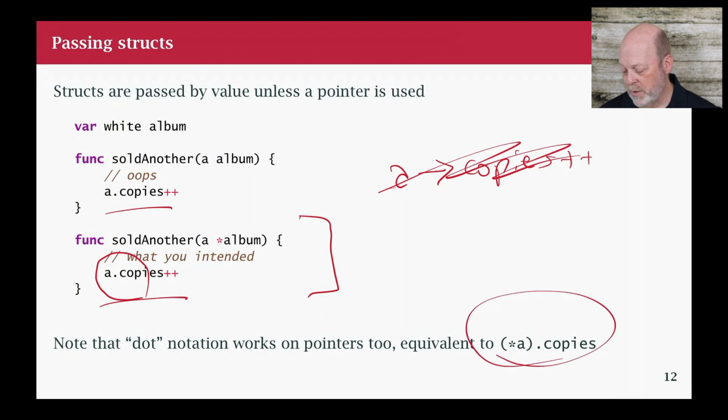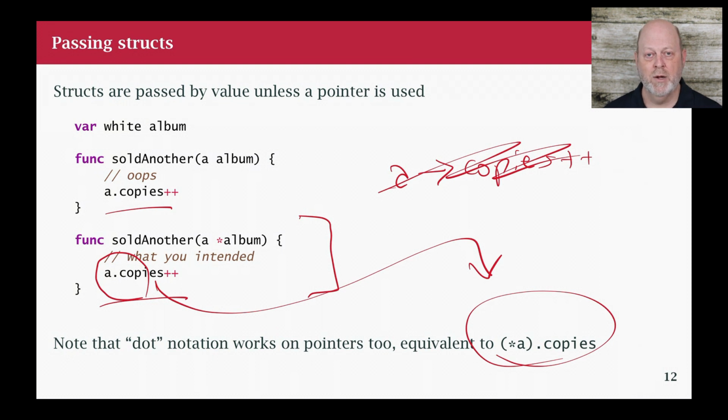Go is smart enough to know that this is the same as explicitly putting a star. And I could write that. I could write open parenthesis star A close parenthesis dot. I don't need to. Go says I know how to get to a field through a pointer of the same type, and it just does it. Okay, so that makes writing the code easier. It's a little less obvious when you look at this line right here that A is a pointer, but I think that's okay.